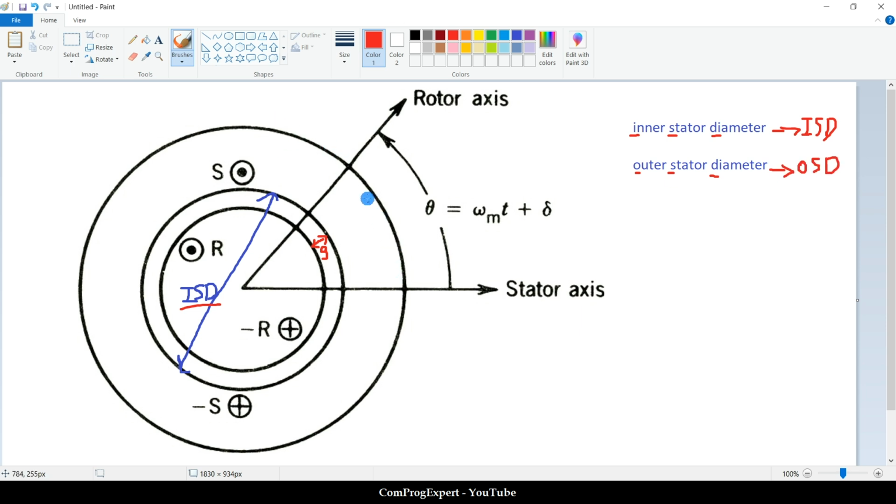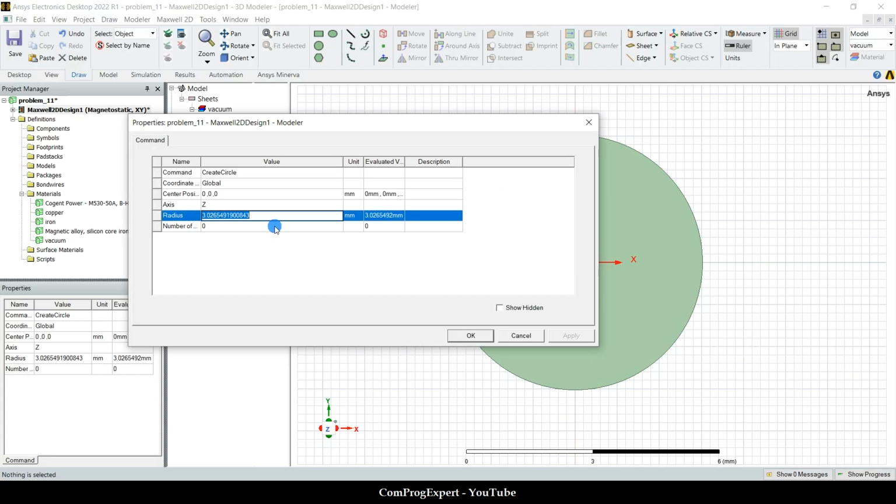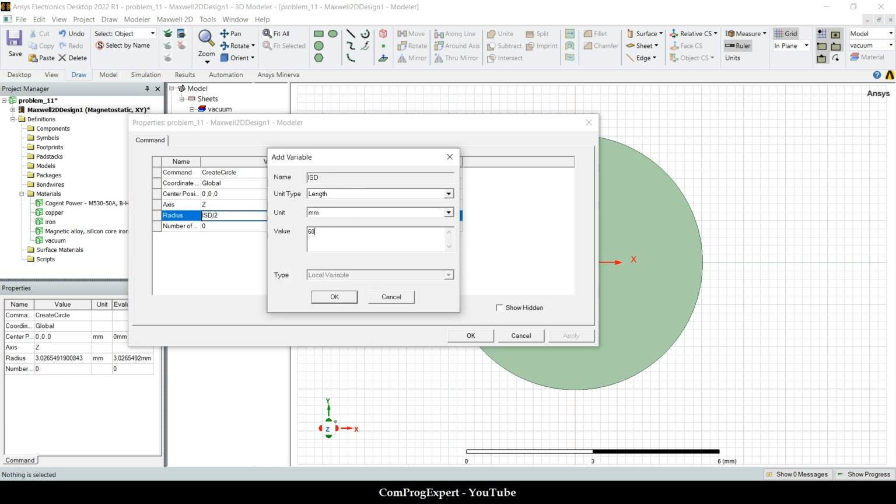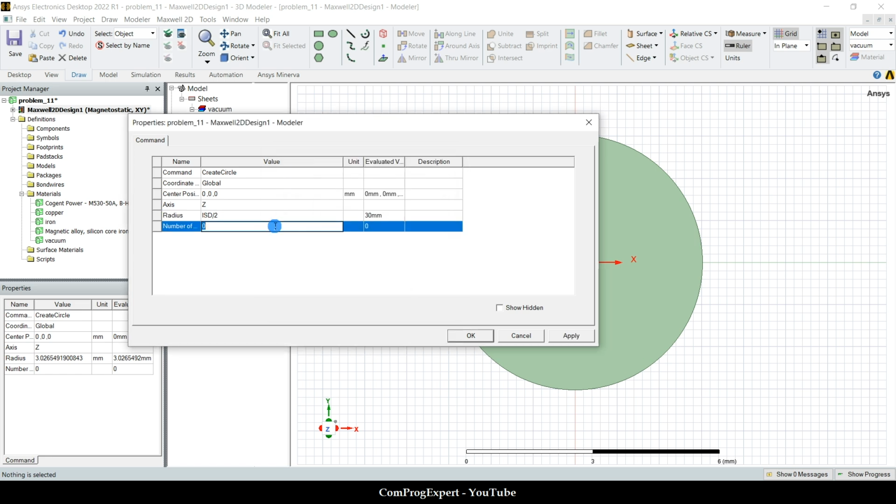So this is this diameter, right? Let me plot it here. This is the OSD. Here, let's set the radius of this circle equal to ISD divided by 2, inner stator diameter divided by 2. I'm going to consider inner stator diameter equal to 60 millimeters.